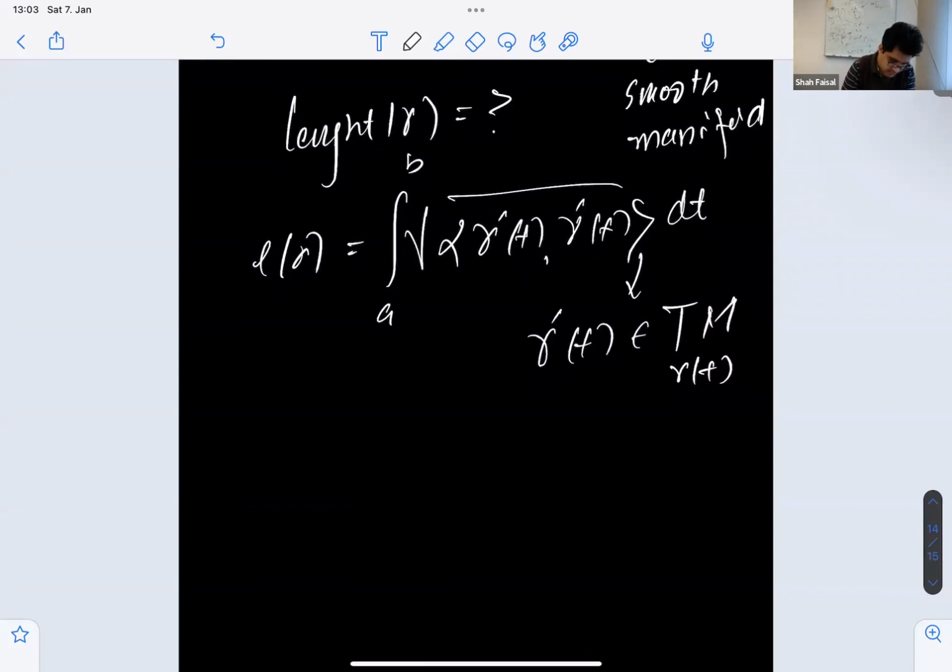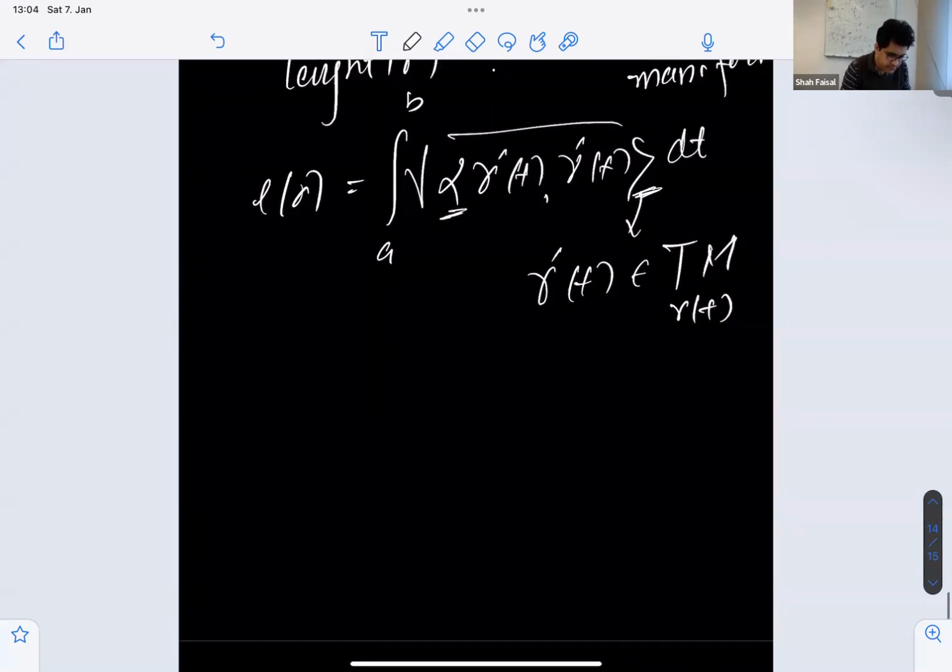So this inner product should be an inner product on the tangent space of that point. In other words, if you have a manifold and on each tangent space you have an inner product, then you can define lengths of paths like this. Okay. So this motivates the following definition of Riemannian metric.